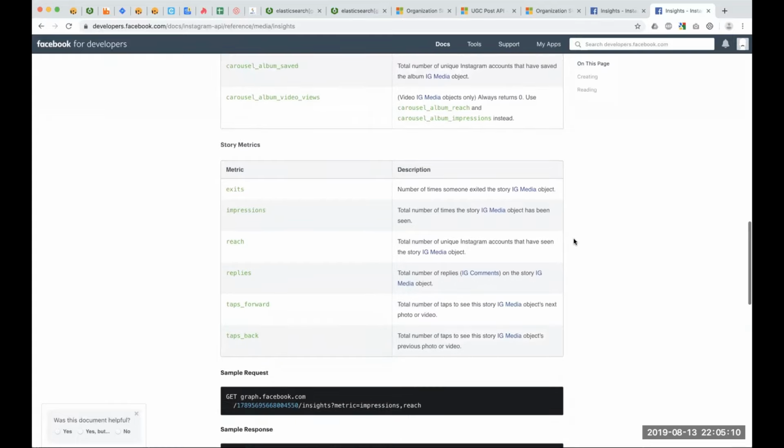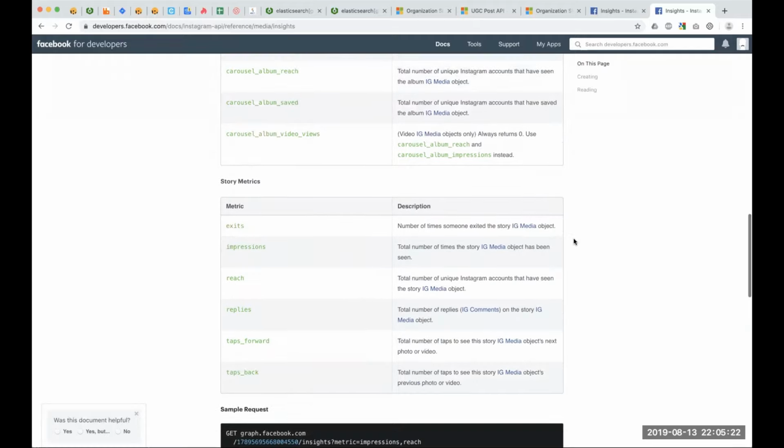Okay, and I'm going to pass shortly to the story metrics, which are exits, impressions, reach, replies, taps forward, and taps back. I talked about the story metrics earlier in a webinar, I think in our last webinar.